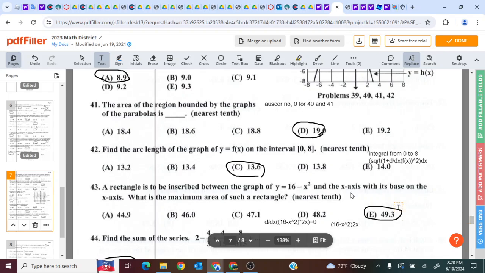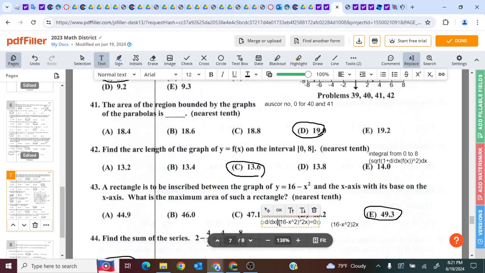A rectangle is to be inscribed between this graph and the x-axis with the base on the x-axis. What is the maximum area? Well, in this case, the area of a rectangle is your base times your height. So your height is going to be equal to 16 minus x squared, and your width, or length, is 2x because it's double-sided.